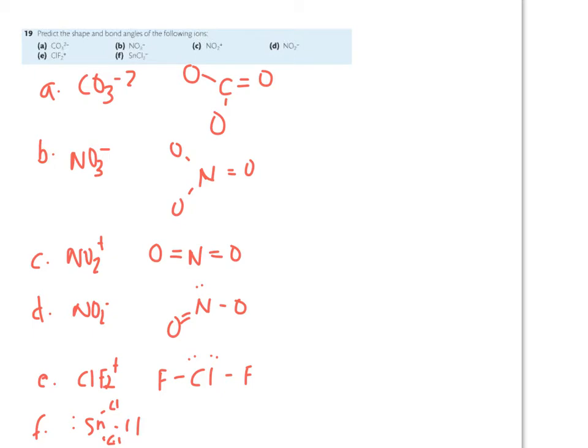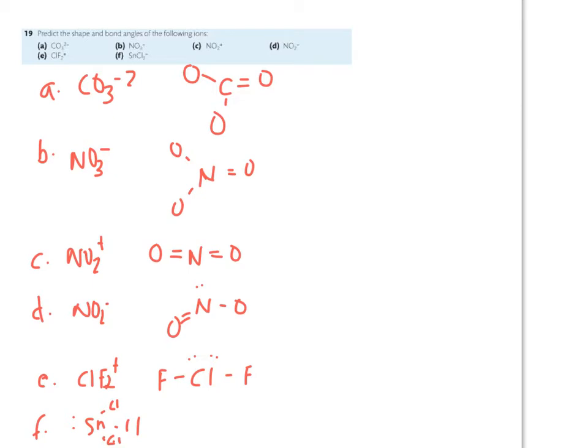Number 19 wants you to predict the shape and bond angles of the following ions. So similarly, again, you need to draw the structures first. So now that I have the structures in for each of these molecules, we can go ahead and start looking at the shape. In A, there's 3 electron domains and all are shared pairs.